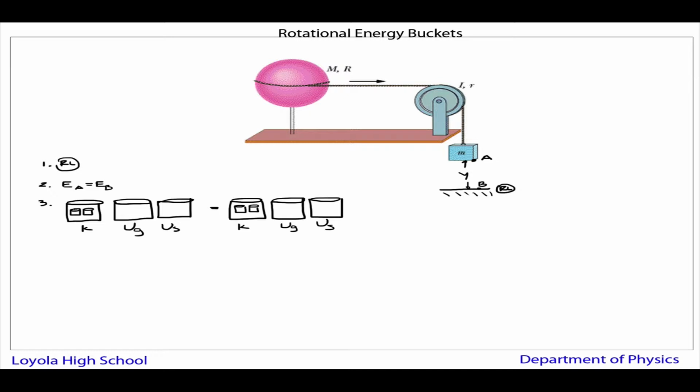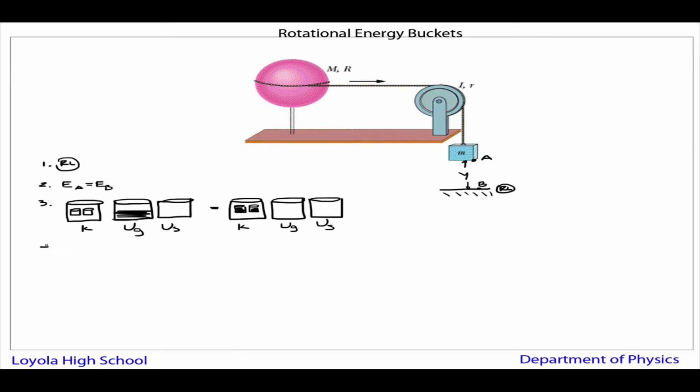If this object starts from rest, there's no kinetic, but we do have potential because the little mass m is above the reference line. No spring. Now at point B, we do have translational because the object is falling down and has a linear velocity. These two are also spinning, so we have two rotationals. No more gravitational and no spring.